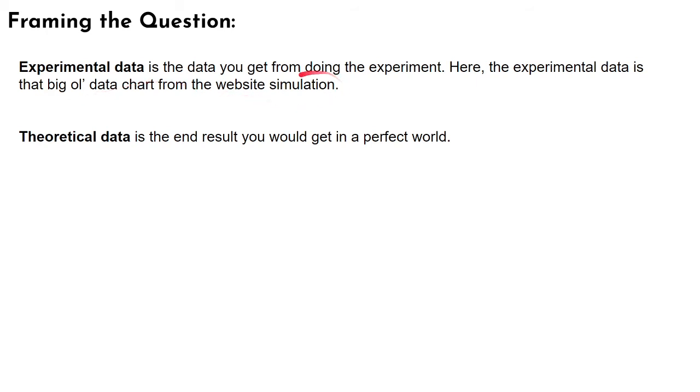We are counting the simulation as the experimental data. Pretend like you did the simulation yourself and took those measurements. The theoretical data is the end result you would get in a perfect world. So, experimental is what you actually got, and theoretical is what you thought you should have gotten.